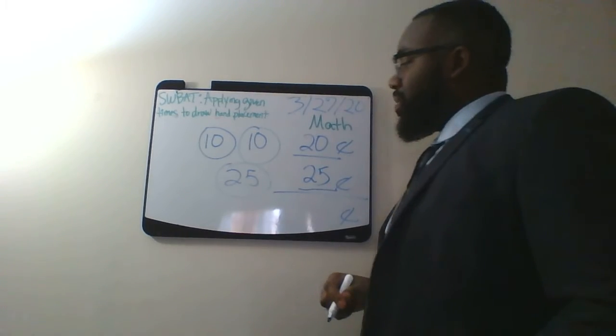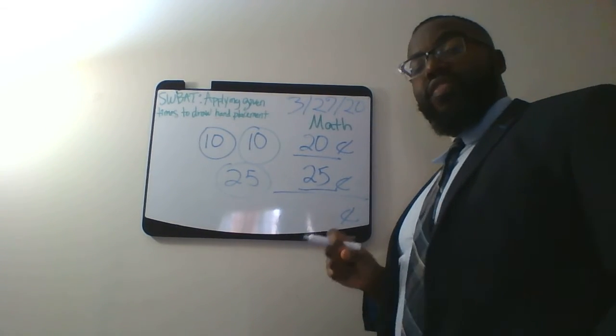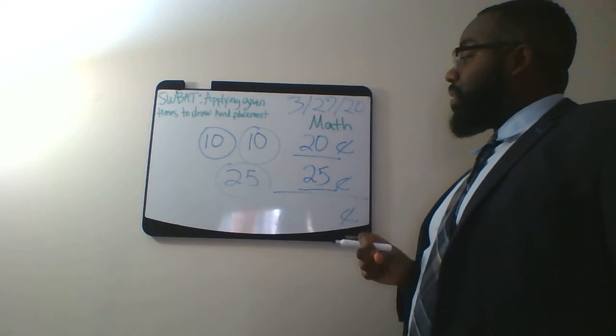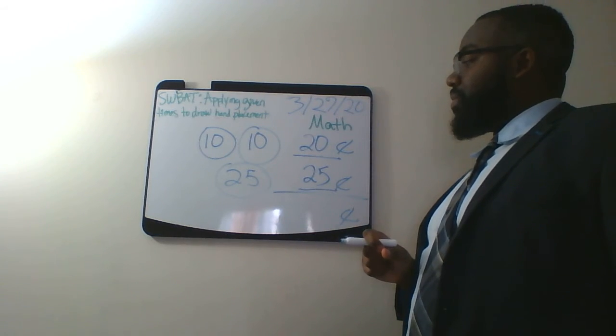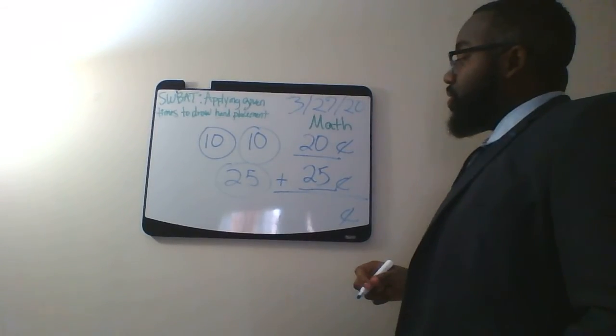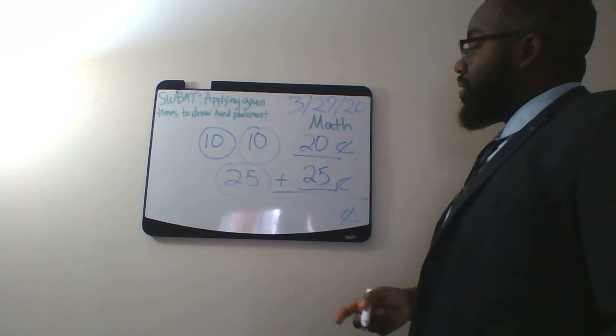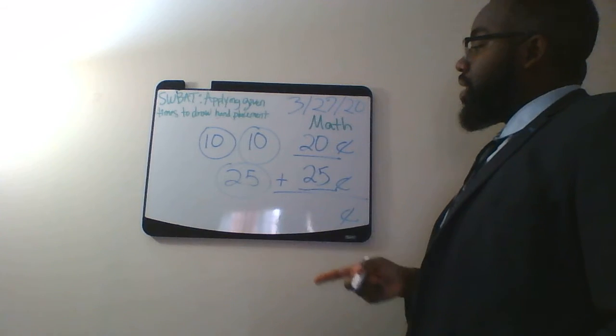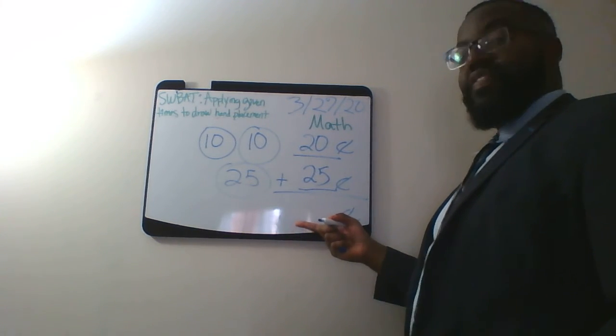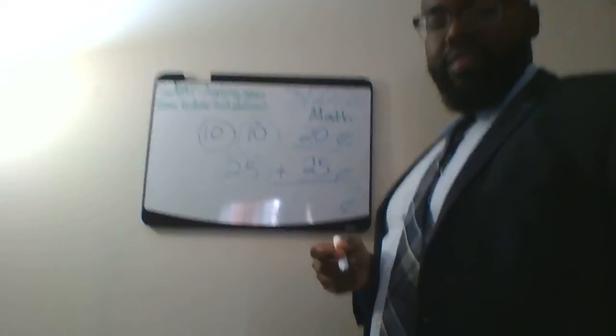Now is this an addition problem or subtraction problem? You're trying to figure out how much change he had. Yes, that is an addition problem. So it's already set up. You're going to write your answer down here. You're adding 20 cents plus 25 cents. You can figure out how much change Alex had.